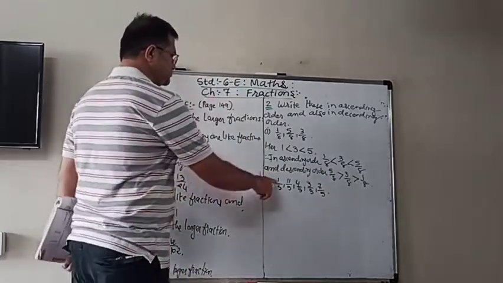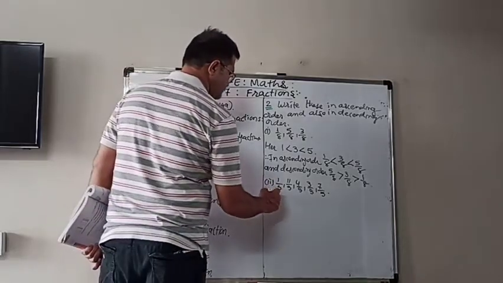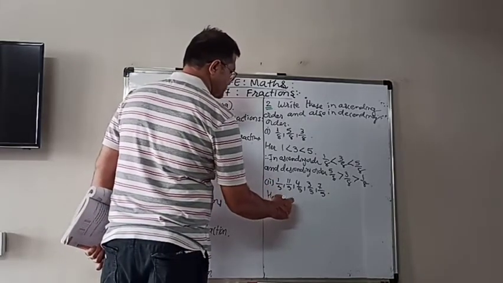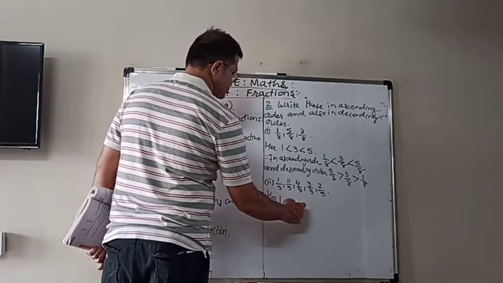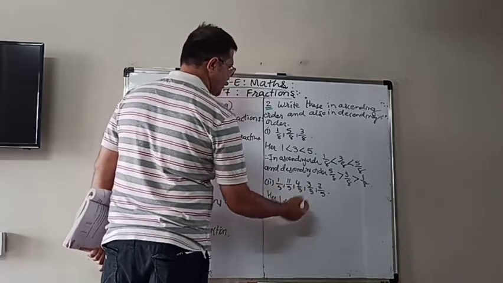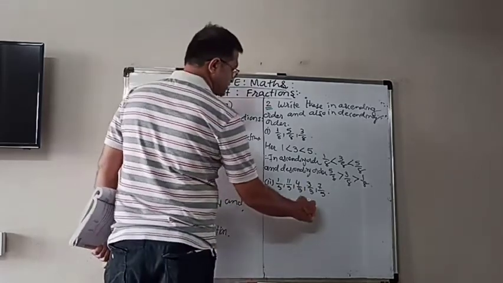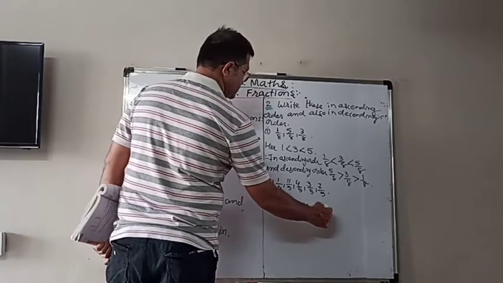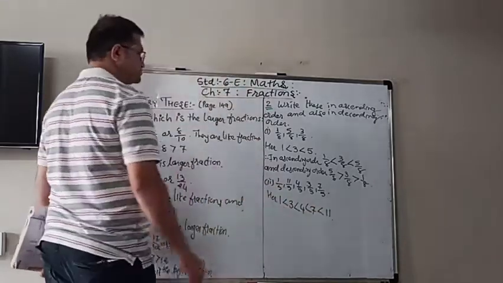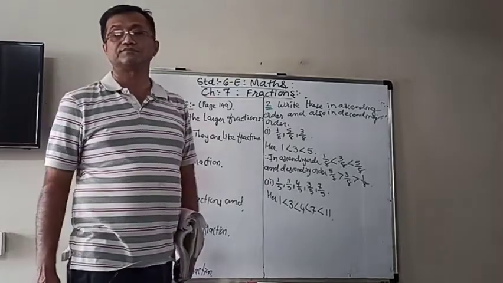So here you can see that the smallest is 1. Here 1 is less than 3, is less than 4, is less than 7, and last is 11.